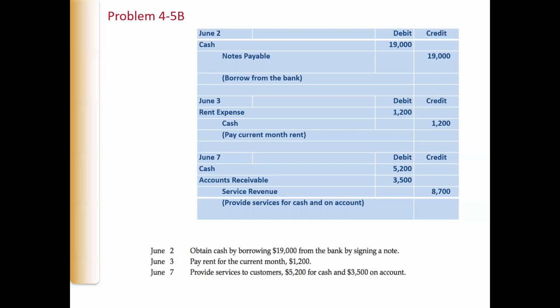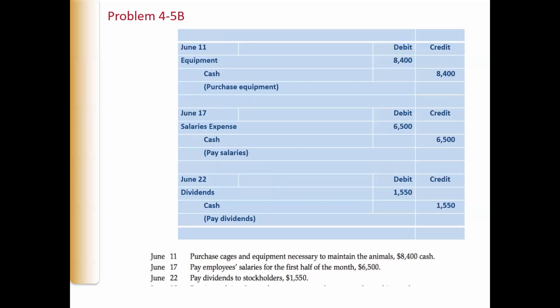When we provide services to customers, $5,200 for cash and $3,500 on account, we would debit $5,200 cash, debit accounts receivable $3,500, and show our service revenue of $8,700. When we purchase cages and equipment necessary to maintain the animals for $8,400 cash, we debit our equipment, credit our cash.